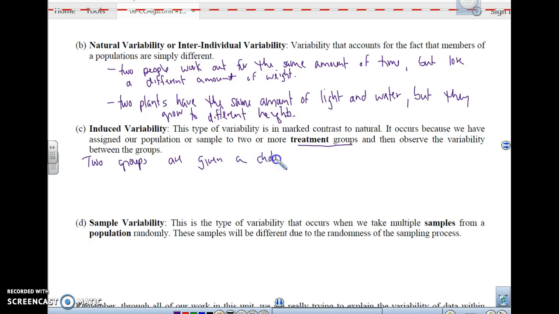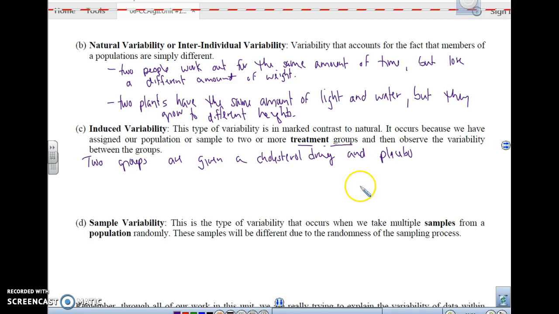One group is given a cholesterol drug and the other a placebo. So one group gets the cholesterol drug and one gets the placebo.